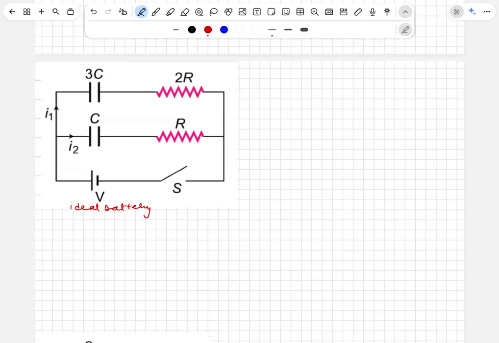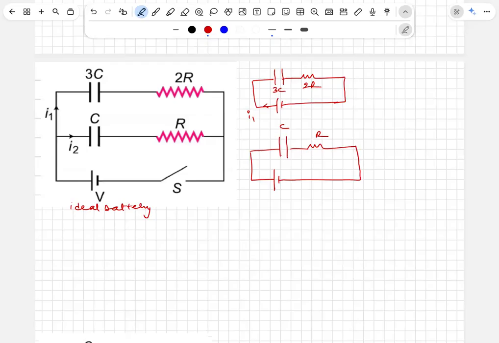There are two different RC circuits. Suppose I have 2R, 3C, I1, and I2.